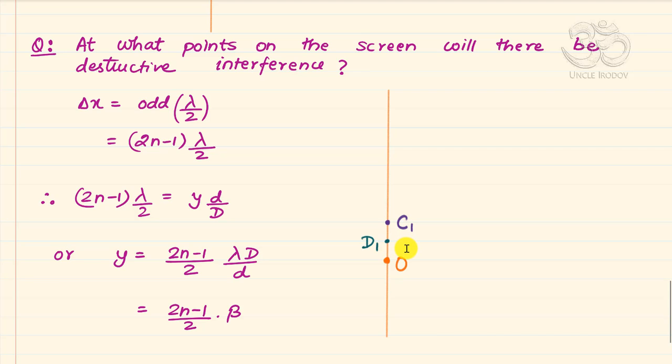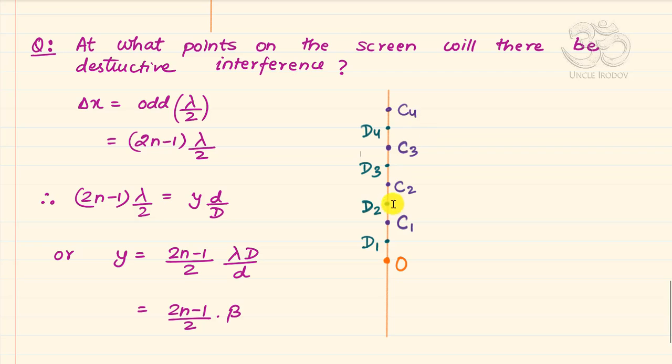Then I know where will be the second destructive interference. I see this formula and I know the next odd number is going to be 3. So 3 by 2 beta, and I know that is here. So this is D2, and then above that should be C2. So I get the hint that I can have equidistant places of constructive and destructive interferences, and there will be a D3 here, and there will be a D4 after that, and so on.